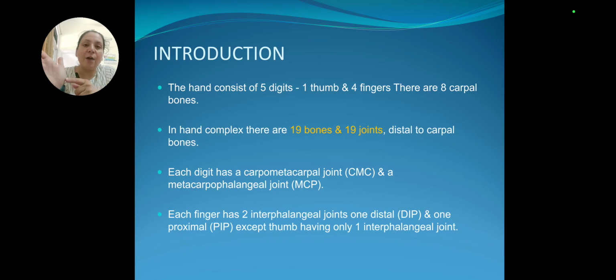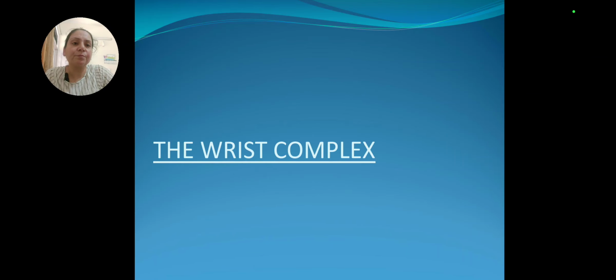Each digit has a carpo-metacarpal joint, then metacarpophalangeal joints, and then the IP joints, proximal and distal, except the thumb, which has only one IP joint. So this is about the hand.